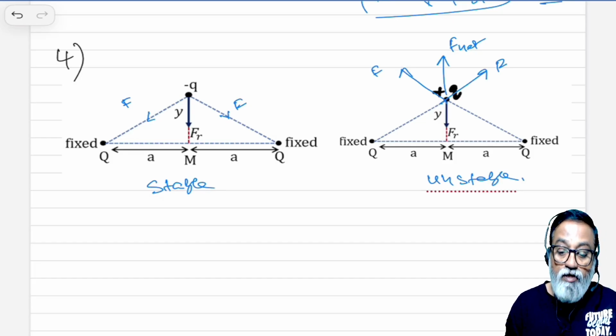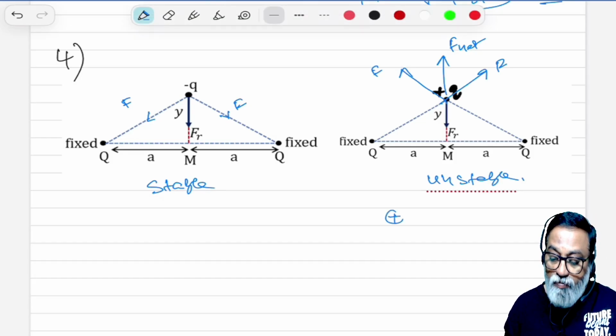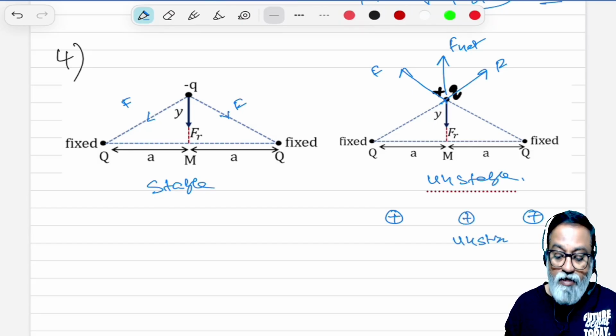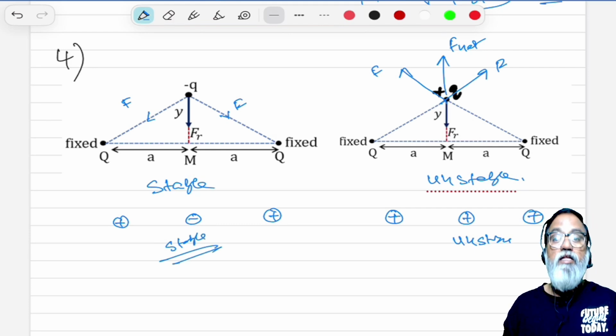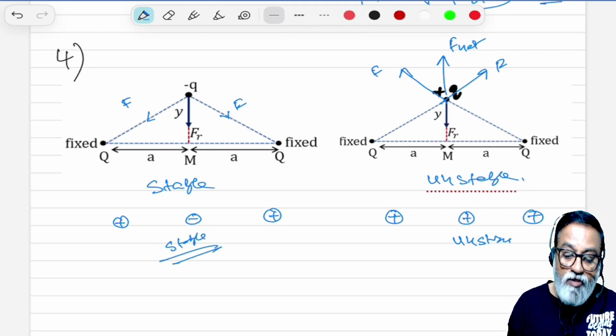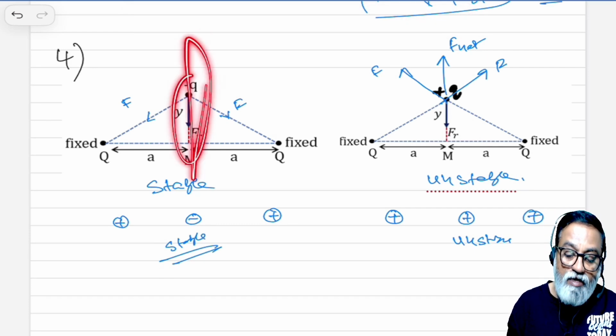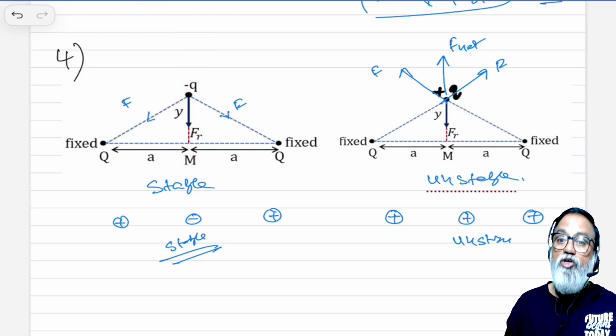So if the corner charges are plus and plus and the middle charge is plus, it is unstable. If the corner charges are plus and the middle charge is negative, this is stable. For stable equilibrium, this charge can oscillate in the up and down direction. Then we have to find out its time period.